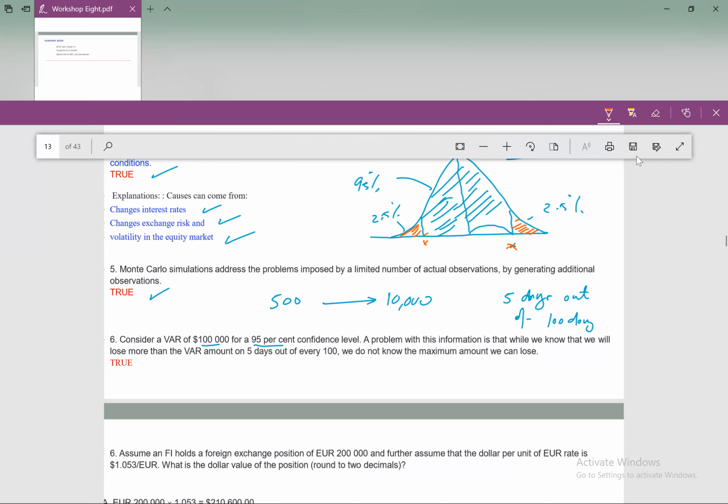We know the area under the curve, but we don't know how much the maximum actually is.